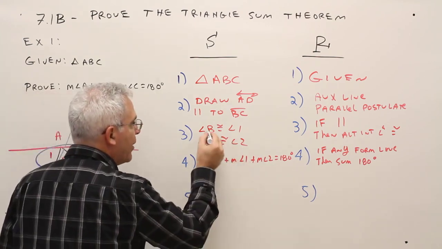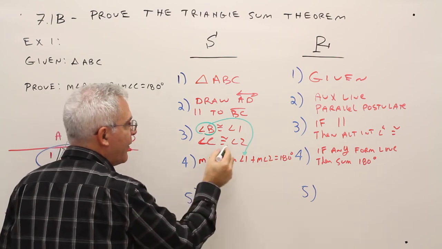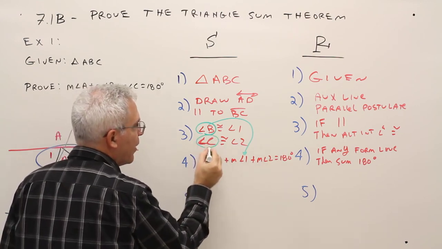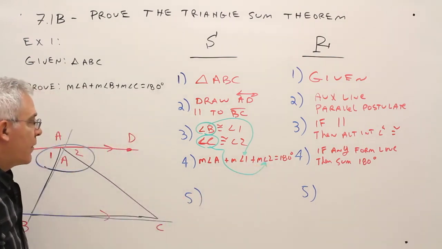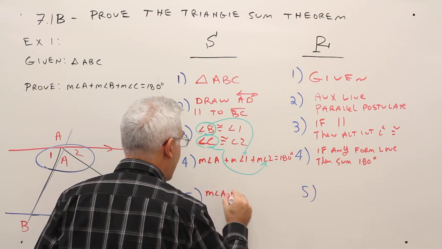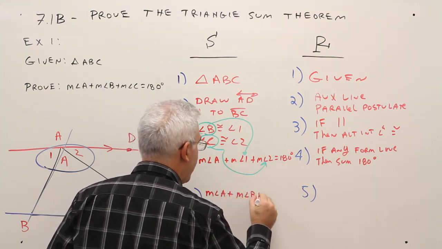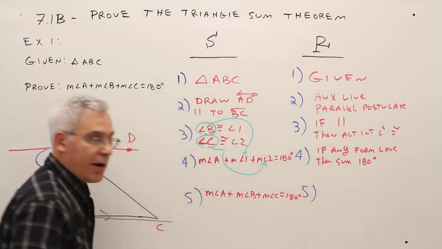Instead of angle 1, I'll replace that with a B. Instead of angle 2, I'll replace that with a C. So I'll say the measure of angle A plus the measure of angle B plus the measure of angle C equals 180 degrees.